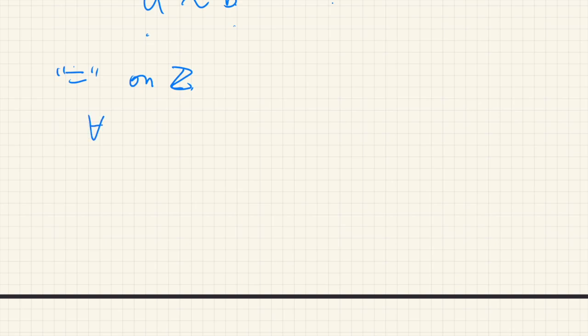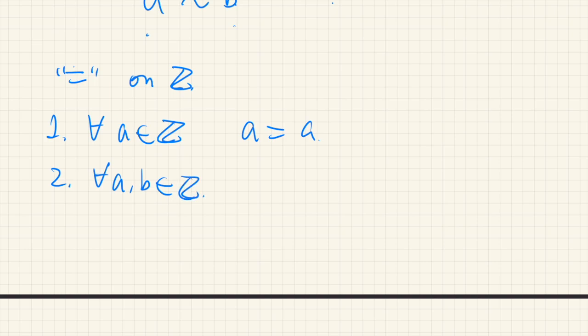So for any integer A, of course A is equal to A itself. About symmetry, for any integers A and B, if A is equal to B, then B is equal to A. This is obvious, right?